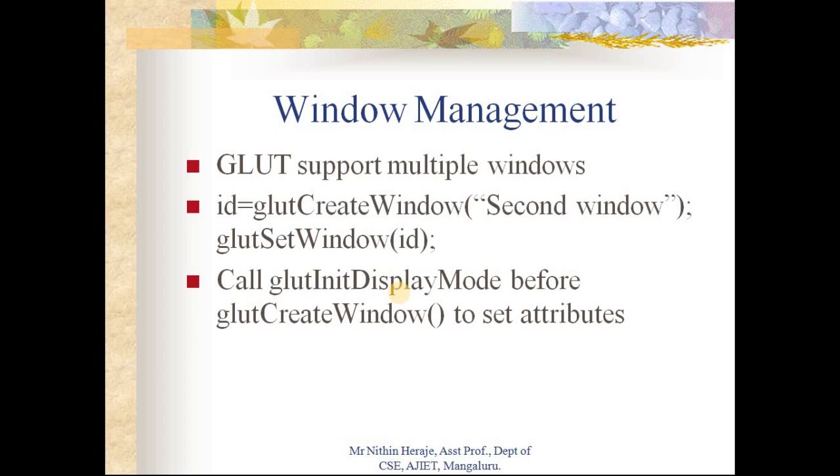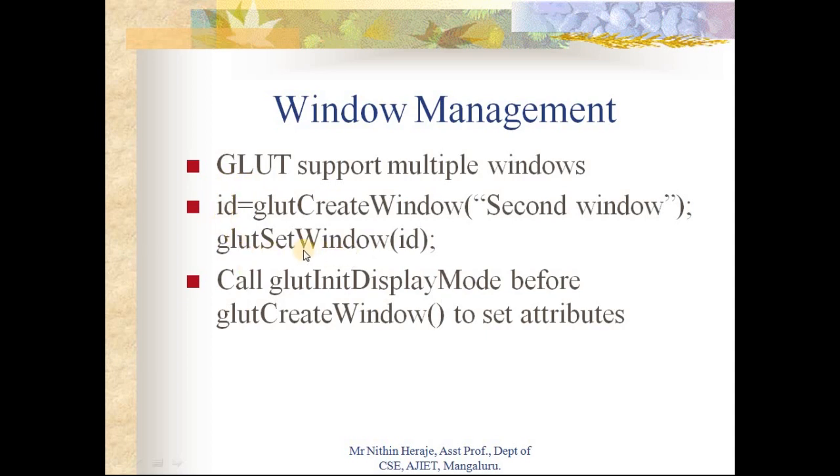Next, coming to window management, we can have multiple windows. glutCreateWindow is the function we use to create the window, and this is the name given to the window. Each window we generate gets an ID, and that ID is stored here.